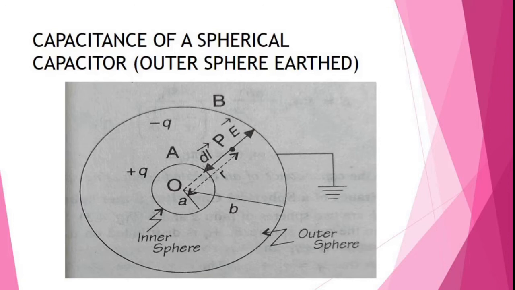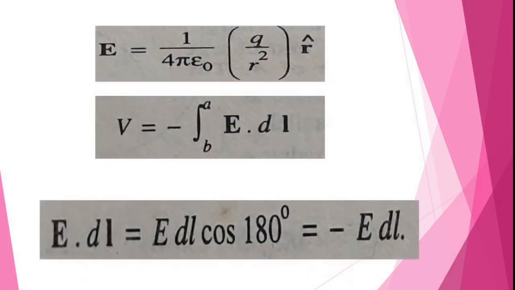That means the direction of the electric field there is radially outwards.